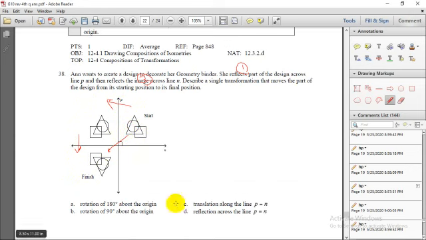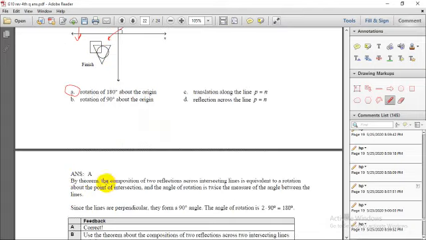You're going to tell me, Miss, it's rotate 180 degrees. Why? Do you remember? Because each point will go to its opposite, and that's what happens here. By the theorem, the composition of 2 reflections across intersecting lines is equivalent to a rotation about the point of intersection, and the angle of rotation is twice the measure of the angle between the two lines.